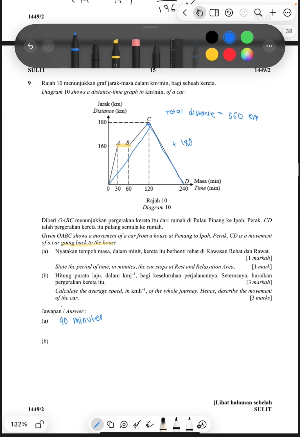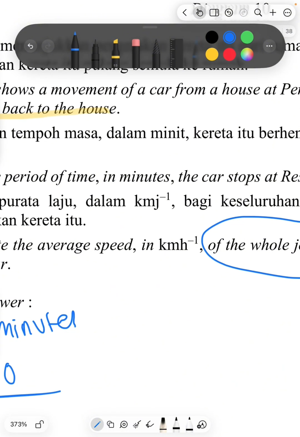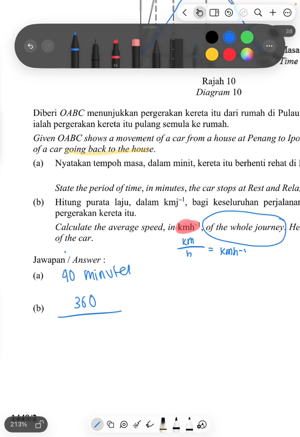Calculate the average speed of the whole journey, hence describe the movement of the car. Whole journey is 360 over... Oh, by the way, average speed is equal to total distance over time. Or if you don't remember, they'll give you the unit. So it's obviously equal to km over h, because when you bring h up, it becomes km h negative 1.